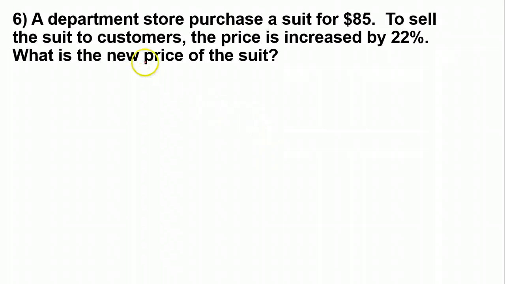All right, so it says number 6, a department store purchases a suit, nice suit. I like to draw, if you can't tell. Not a very nice suit, but whatever. $85, right? And then it says to sell to customers, it increases by 22%. And that makes sense, right?